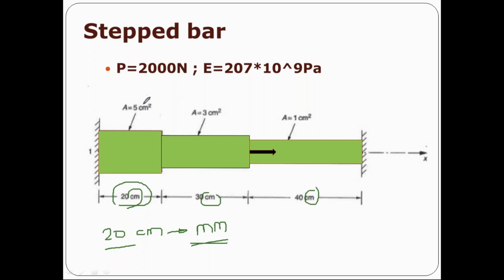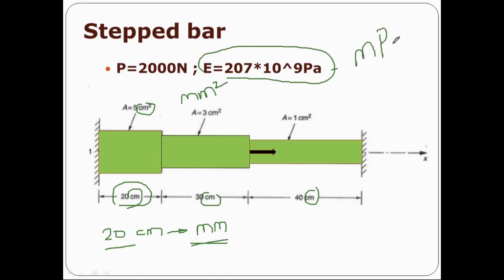You have to also convert all these centimeter square into mm square. At that time you have to also convert 207 times 10 raised to 9 Pa into MPa, or you can say Newton per mm square. Then you can match your answer with the analytical one.